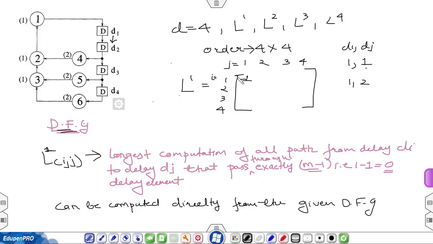So the value of 1 comma 2 is 0. Now 1 comma 3. Start from D1 and travel to D3, and no other delay element, that is D2 and D4, should come in between. Here you can see that D2 is in the path. You cannot go from D1 to D3 directly. So no such path exists. In this case, the value is minus 1.